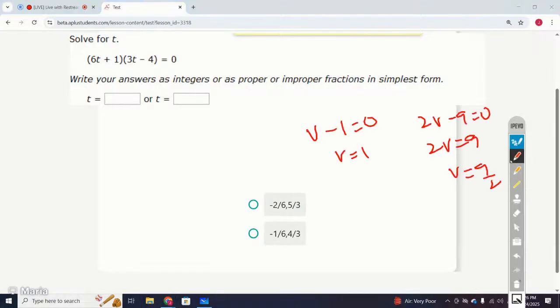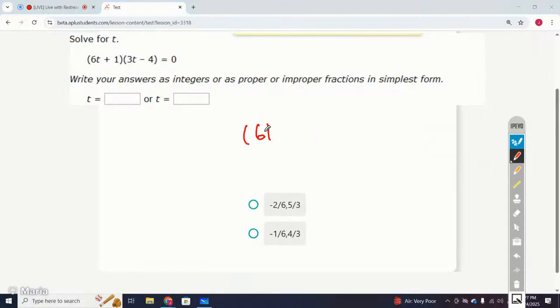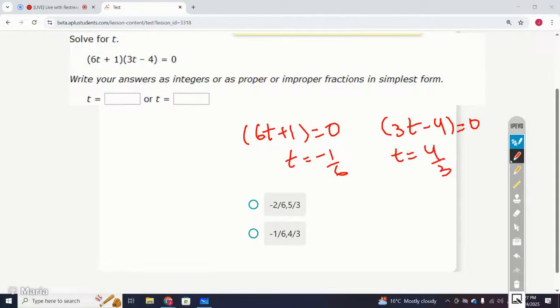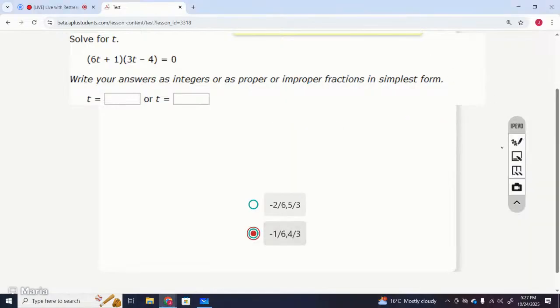So that means either 6t plus 1 is 0 or 3t minus 4 is 0. So t equals negative 1 by 6 and t equals 4 by 3. Option number 2 is the correct option. Negative 1 by 6 and 4 by 3.